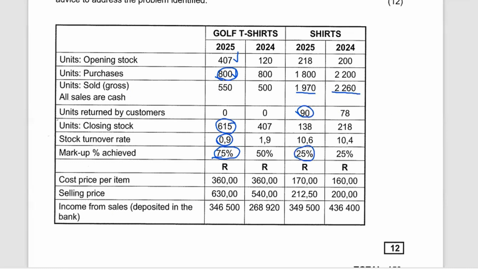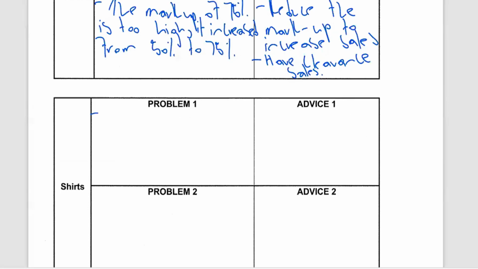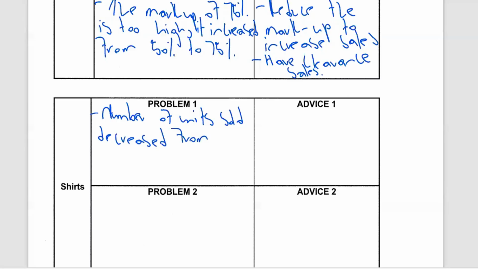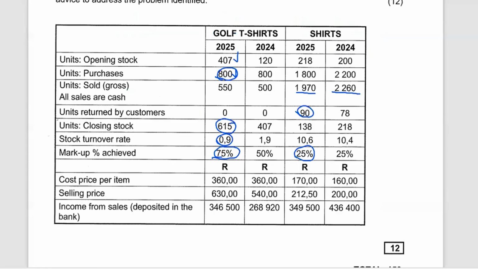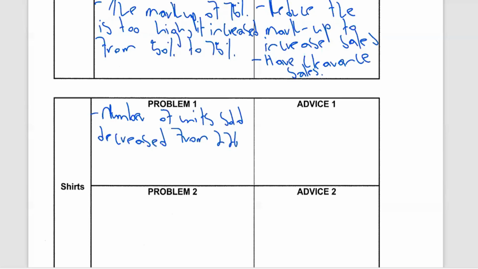Even though the markup was still the same, okay? So we're going to say the problem, it's number of units sold. Decreased. It decreased from 2,260 to 1,970.